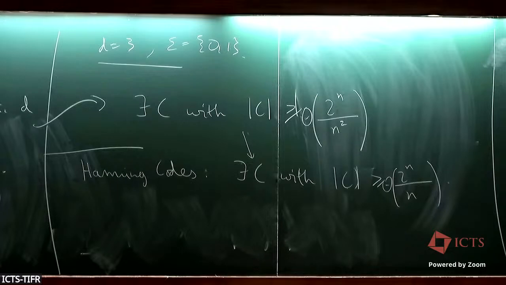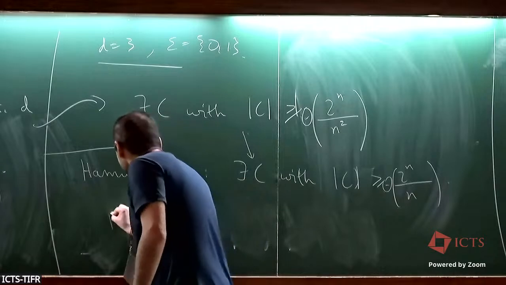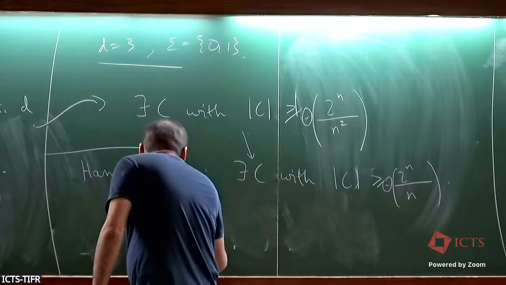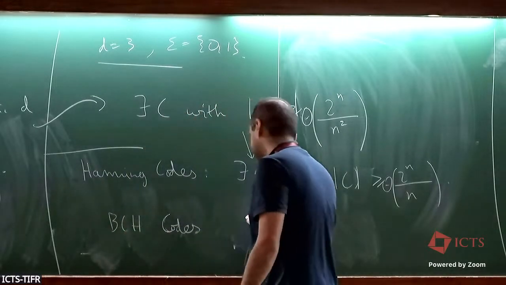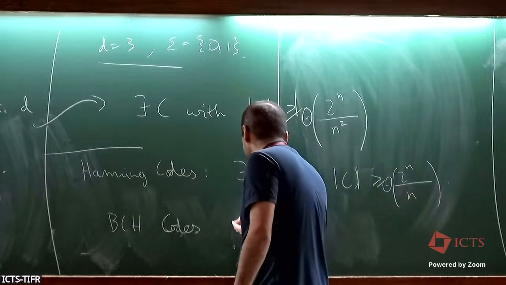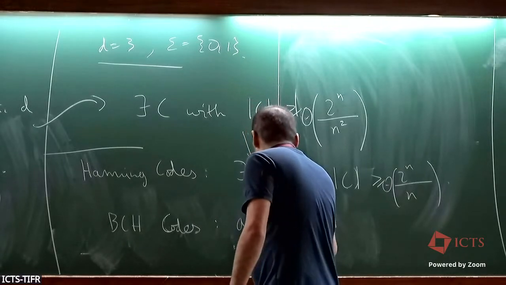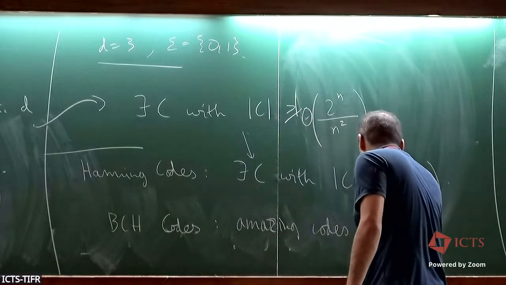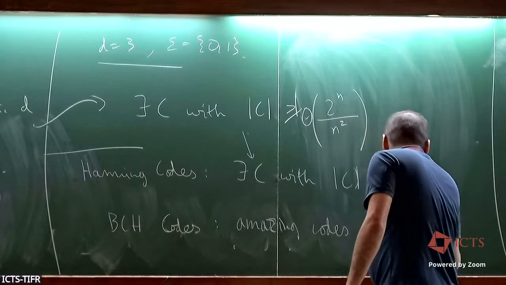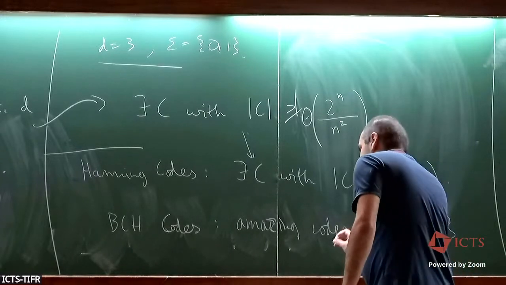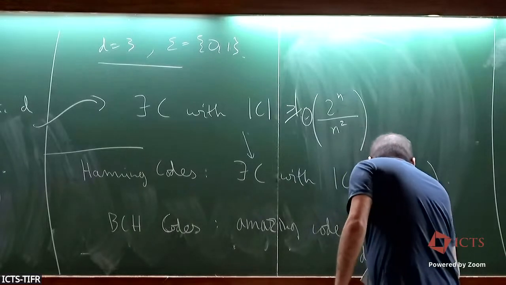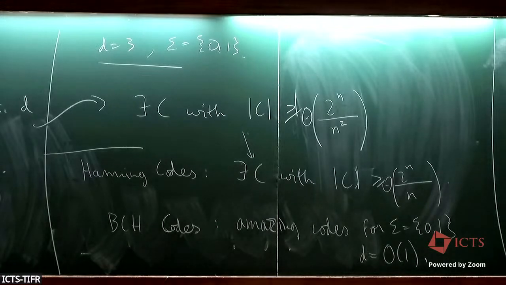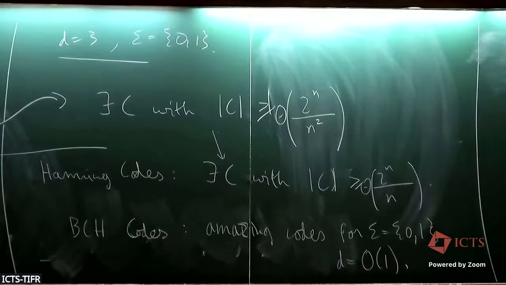I will mention another word, BCH codes, which do some approximate perfect packing. These are really amazing codes for sigma equals {0,1} and d equals constant, where they give almost perfect packings of {0,1}^n with balls of radius (d minus 1) over 2.